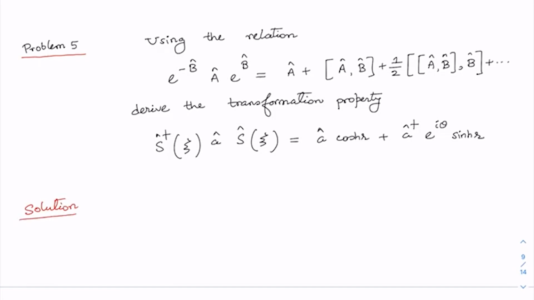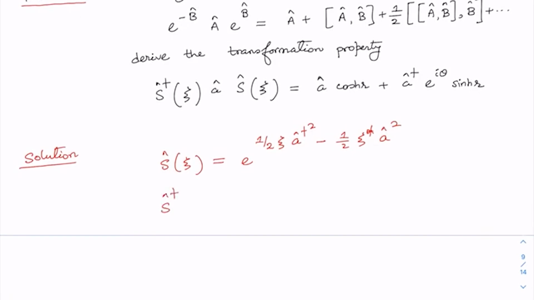Here we know that we have taken our squeezing operator S(ξ) as e to the power half ξ a dagger square minus half ξ star a square.